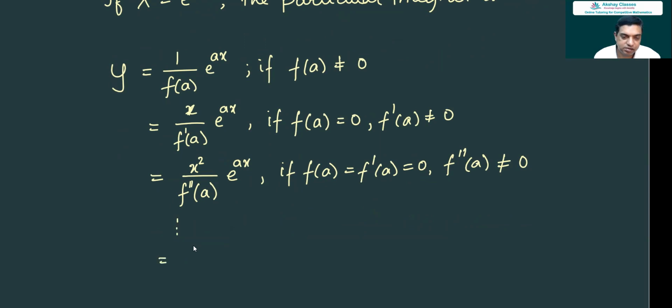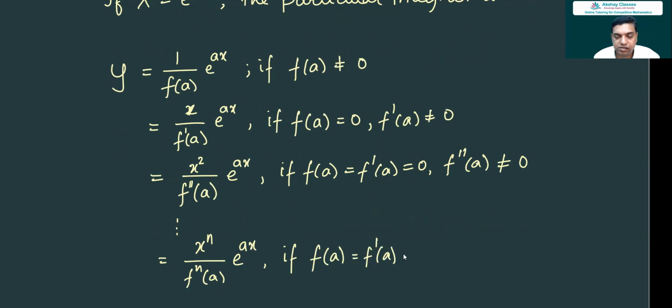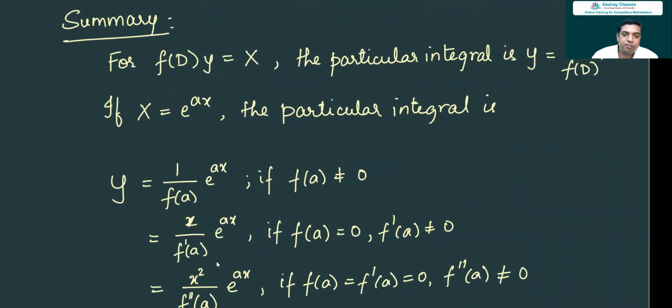Similarly, this becomes x power n by f nth derivative of a e power ax if up to n minus first derivative is 0, but the nth derivative is not 0. This is the particular integral.